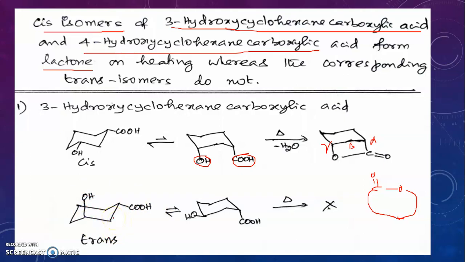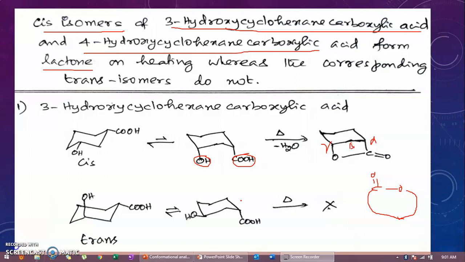Even if you carry out ring flipping, the OH group will go to equatorial and the acid group will come to axial. But now also the distance between the two groups is very large. Therefore, this isomer cannot form lactone on heating.